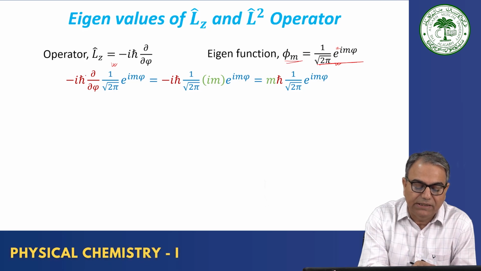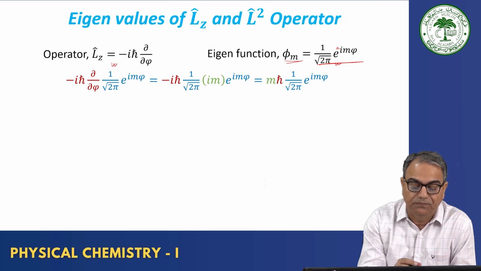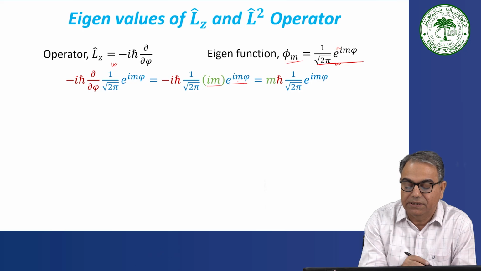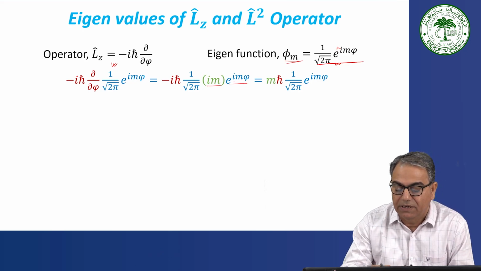So minus iħ del by del phi acts on the eigenfunction 1 by root 2 pi exponential minus im phi. The constant 1 by root 2 pi you bring to this side, and then if you differentiate, you get im times the exponential im phi. Plus or minus im phi both work, but anyway I have written im phi.